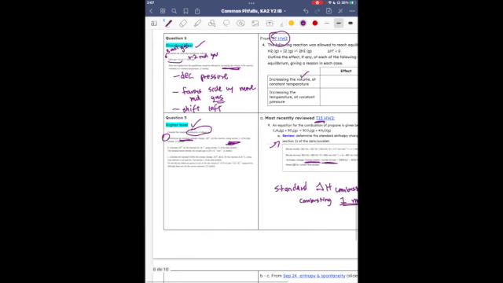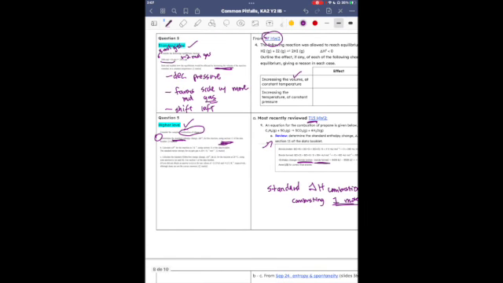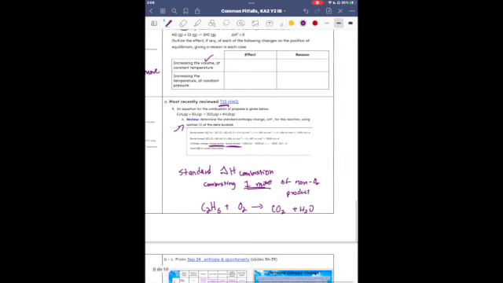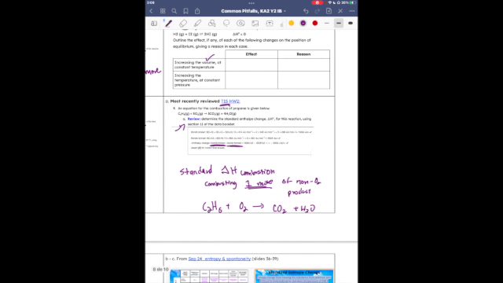So if I have, let's see, this is ethane, so C2H6 plus oxygen yields CO2 plus H2O. When we go to balance this, we need a 2, 4, 7, and 6.